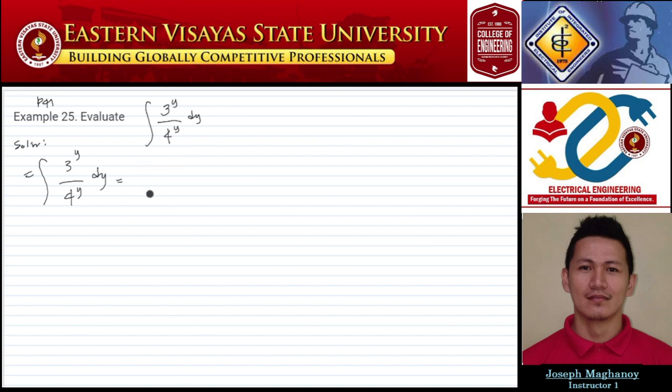So property of exponent, common power, integral of (3/4) to the y dy. Okay, so we already have this form, so we can apply our exponential property number 5.